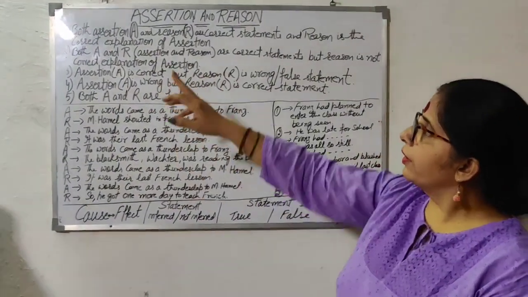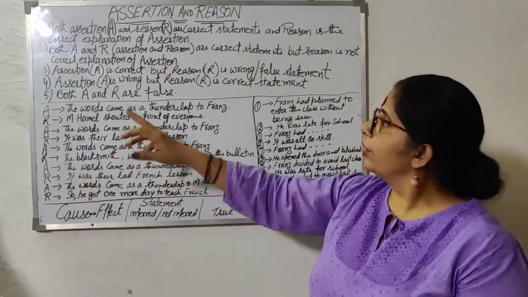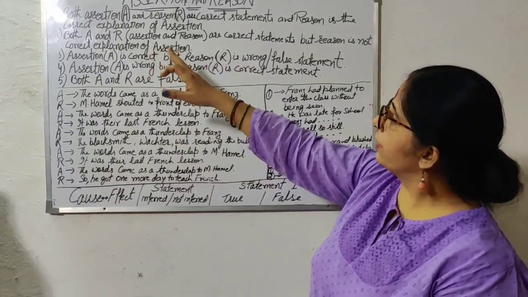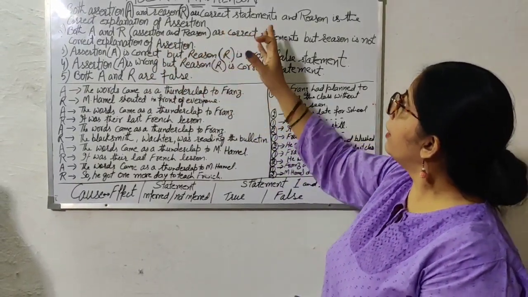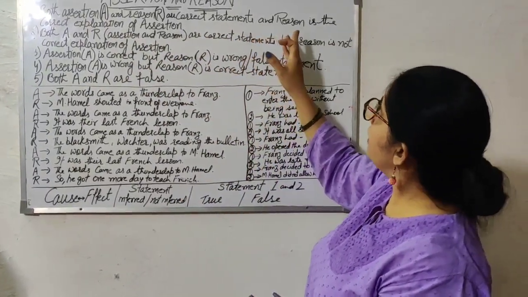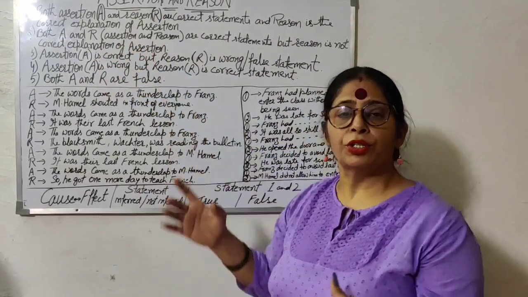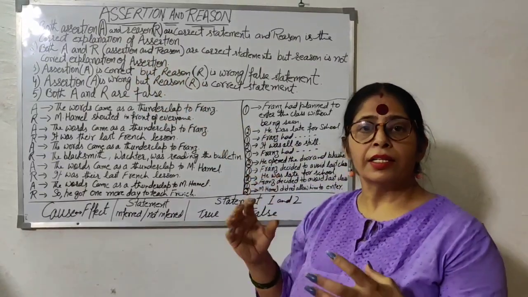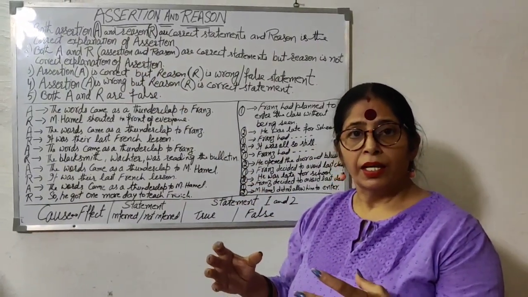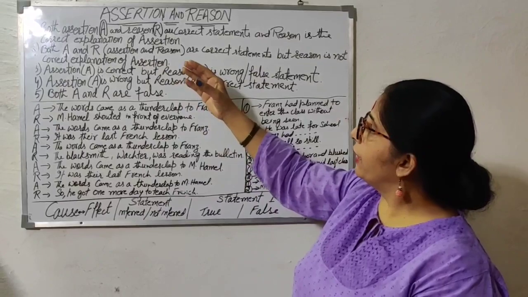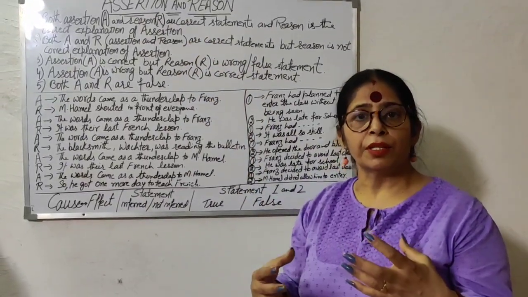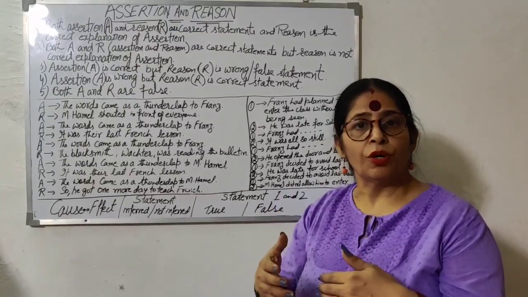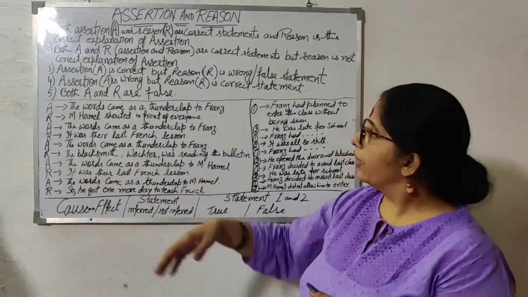First option would be both assertion, denoted as A, and reason, denoted as R, are correct statements and reason is the correct explanation of assertion. Means whatever statement we have as the assertion statement, the other statement, the reason statement, is the right explanation of it.